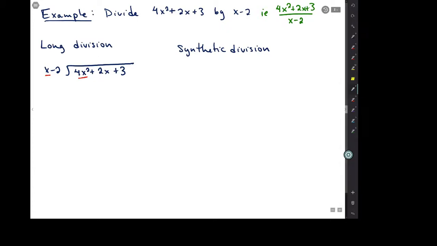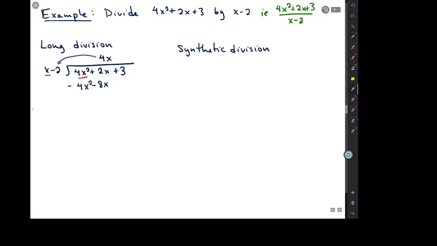Well, I have to multiply by 4x. And now I take that and I multiply by the entire divisor, the entire expression that I'm dividing by, and I end up with 4x squared minus 8x. So again, I'm taking 4x and I'm multiplying it by the entirety of x minus 2.